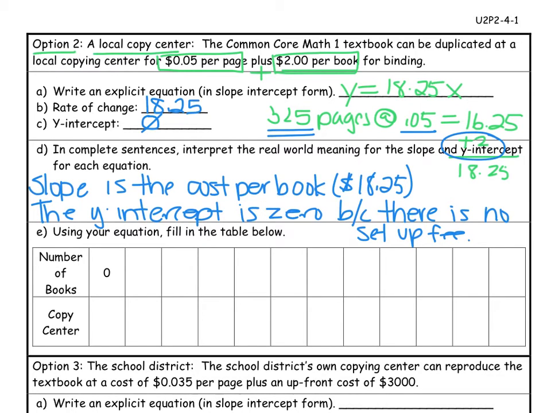So we're going to do the same thing that we did before. We're going to use the equation to fill in the table below. And what equation are we using? We're using this equation right here.